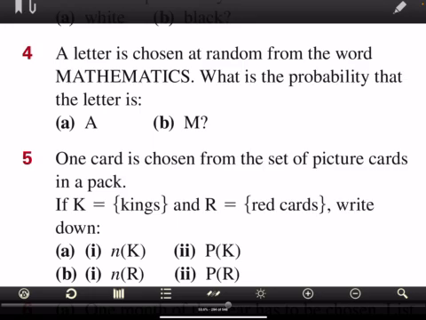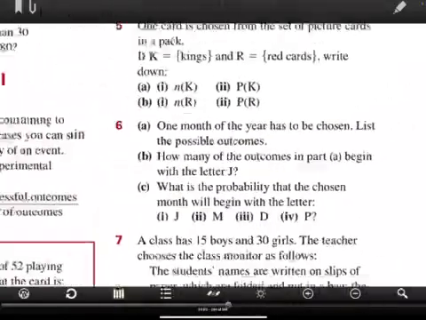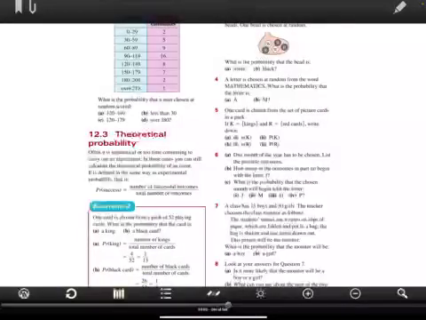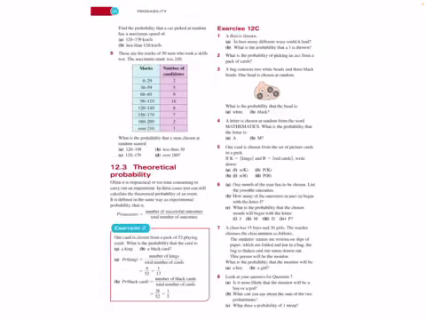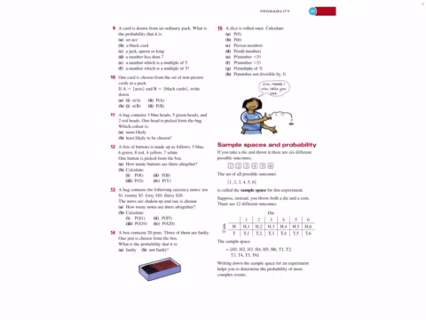So we shall stay until 12.3, or let's say until page 287. We'll stay there, because when we go past page 287, we will deal with other things. Same formula, just other things.